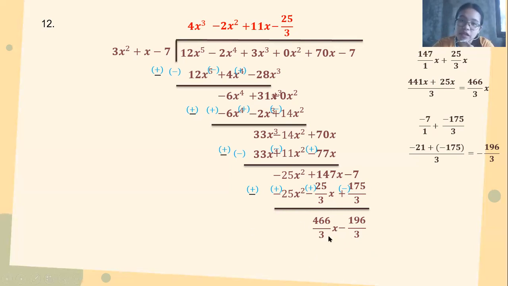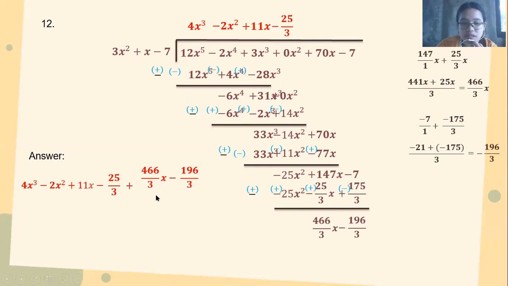So, yung pagsulat ng ating final answer, we have 4x cubed minus 2x squared plus 11x minus 25 over 3 plus the remainder, which is 466 over 3x minus 196 over 3 over the divisor, 3x squared plus x minus 7. So this will be our final answer.